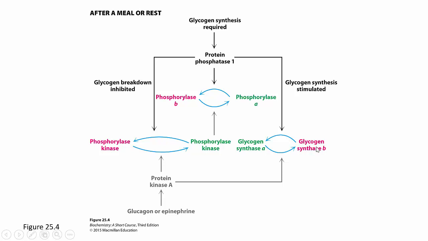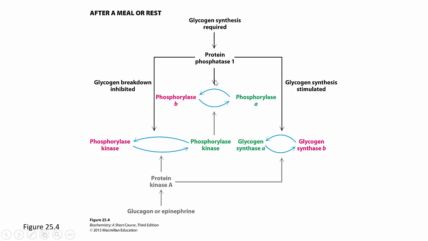So glycogen synthase B is off, glycogen synthase A is on. A phosphate group needs to be removed here to turn this on to stimulate synthesis. In a similar way, protein phosphatase 1 is going to dephosphorylate phosphorylase. It's going to remove the phosphate group from phosphorylase. When it removes the phosphate group from phosphorylase, it will turn phosphorylase off.